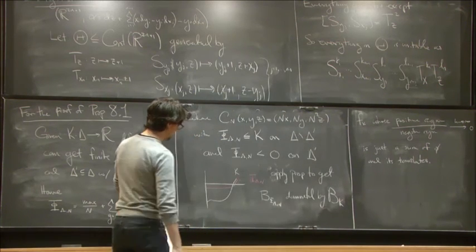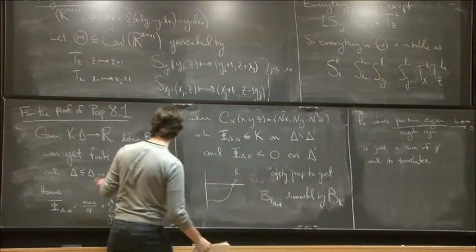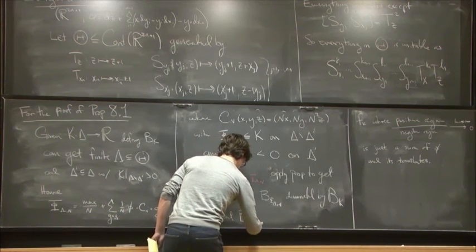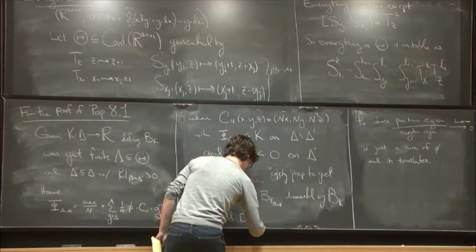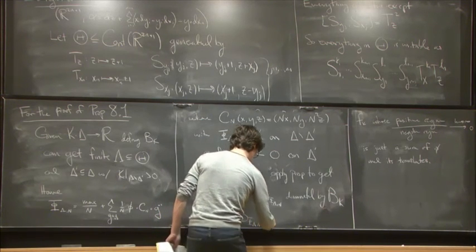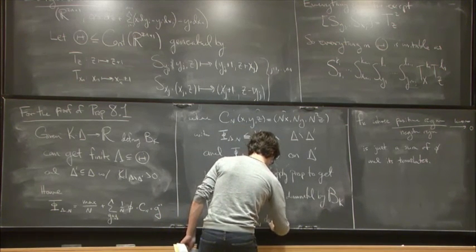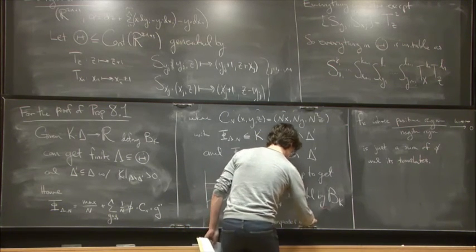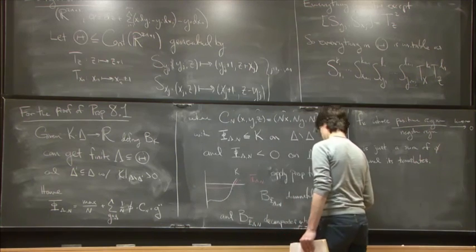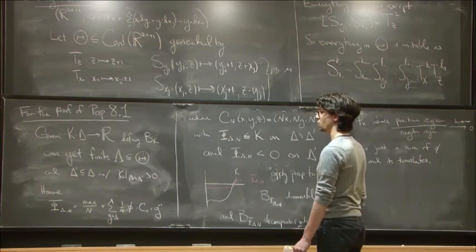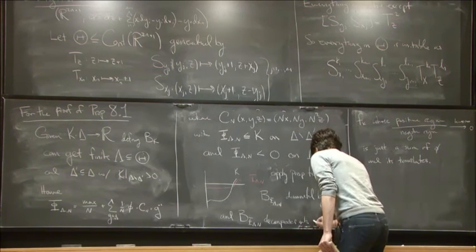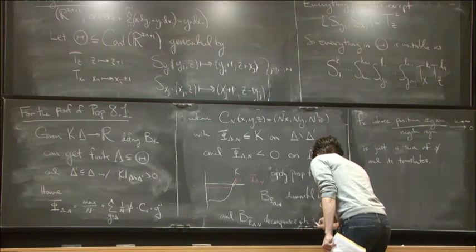But by design, B sub gamma n decomposes into one of our finite, decomposes into the saucers.